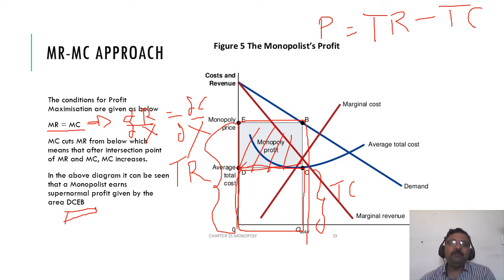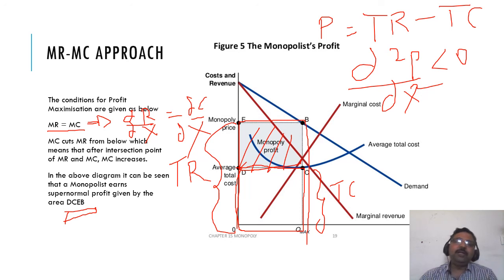For the profit maximizing condition, we also check the other condition, that d square P by dx square, where P is the profit function, is less than 0. This is the mathematical terminology which we have already done. I just wanted to discuss the two approaches, TR and TC plus MR and MC.